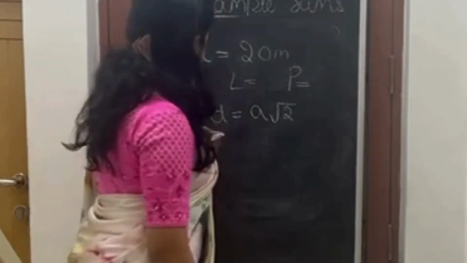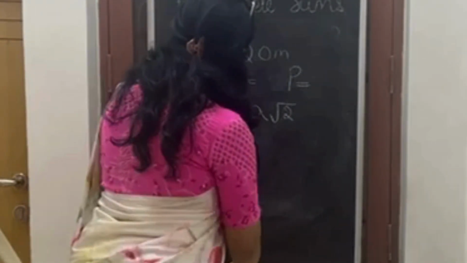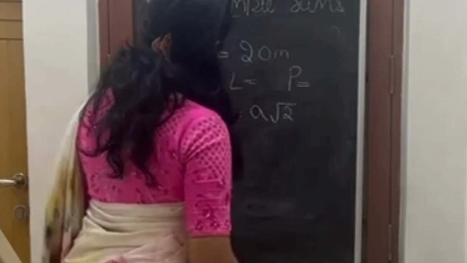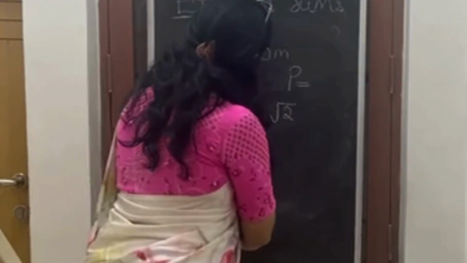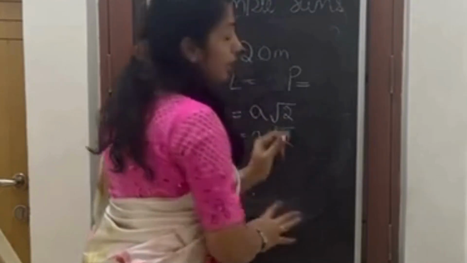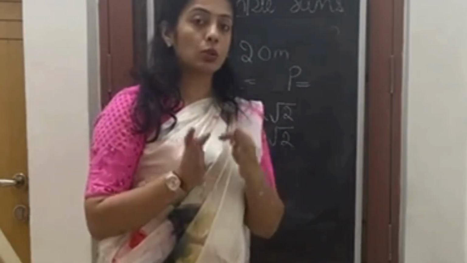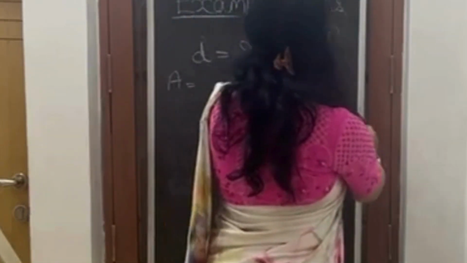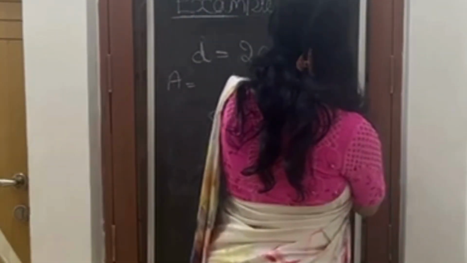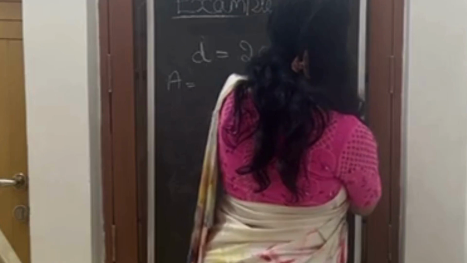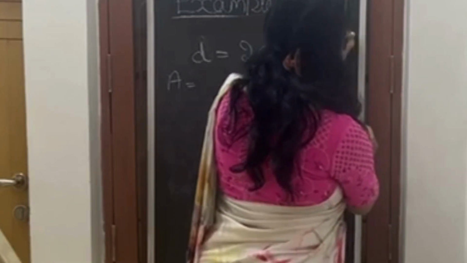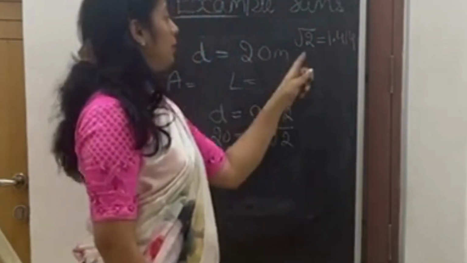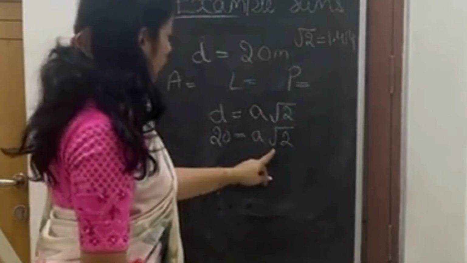Okay, so now I'll write diagonal is 20 meters. So diagonal equals a square root 2. As I had told in my earlier videos, square root of 2, please remember it. Many a times we need to use that. So square root of 2 is nothing but 1.414. I have to use that here.